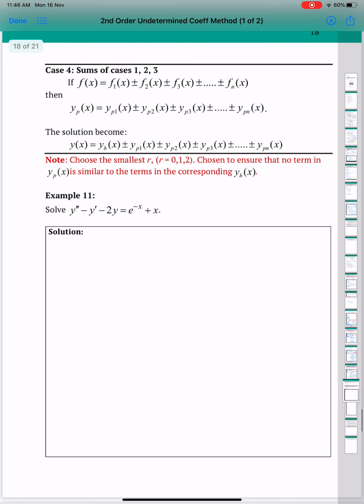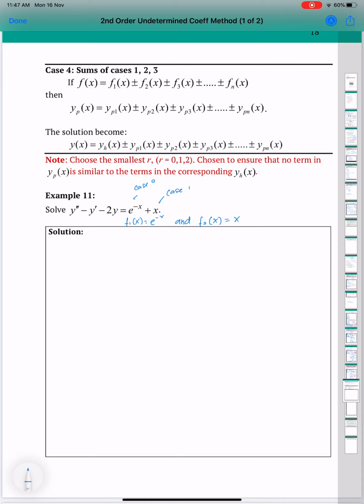And the final case, which is the fourth case, is when your f(x) is a summation. So you have a summation of case 1, case 2 and case 3. You can have more than 2. In example 11, you have case 2 with case 1. So f1(x) equal to exponent negative x and f2(x) equal to x.